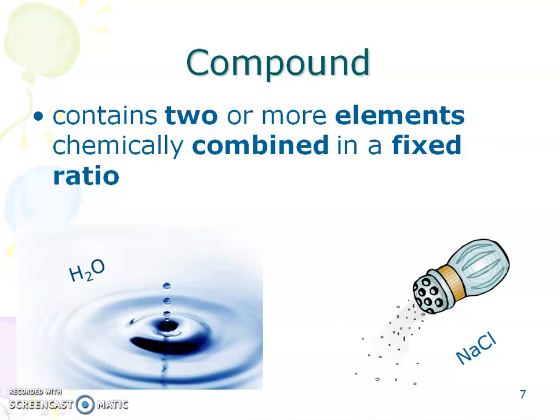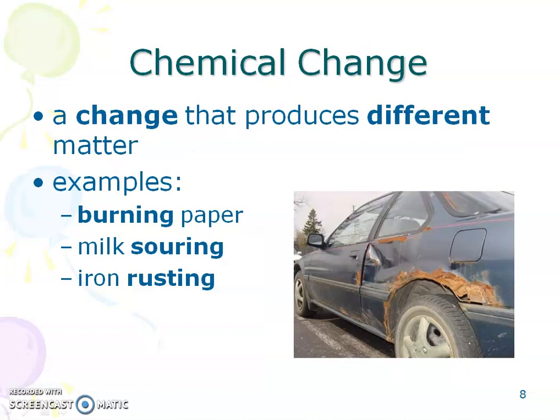It is a totally different substance. So we want to remember that every compound has a fixed ratio of those elements to make it that particular pure substance of a compound. Same thing with NaCl. If we have any other combination besides one Na and one Cl, we will not have salt. It would be something else if it exists at all.